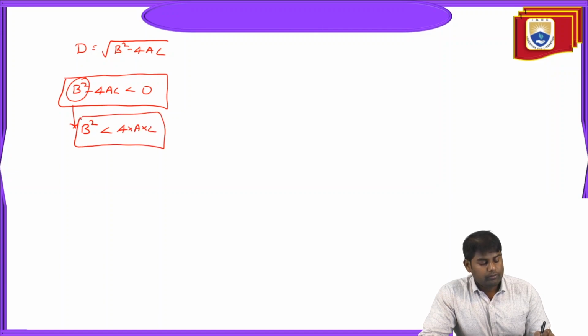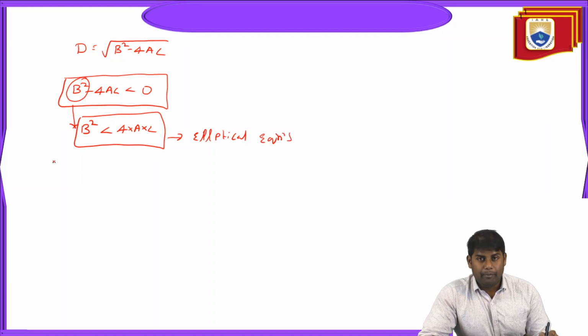In this scenario, we have complex roots. When we have these complex roots, we say that the equations, or whatever flow field we get, are coming under elliptical equation.